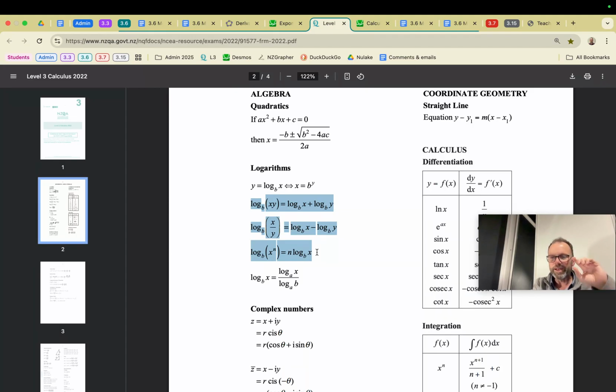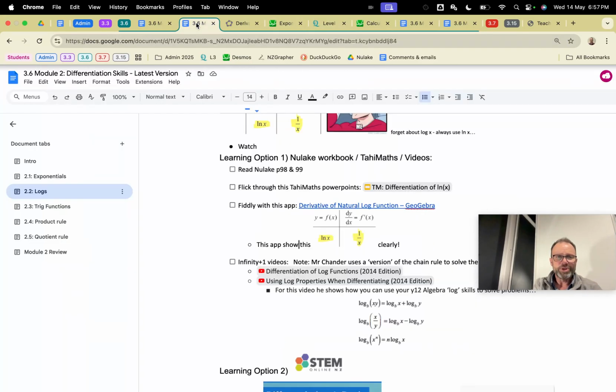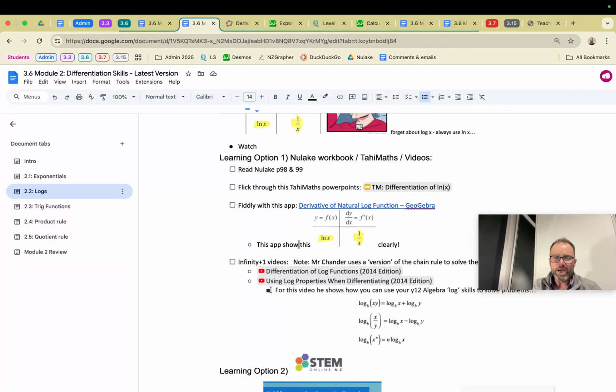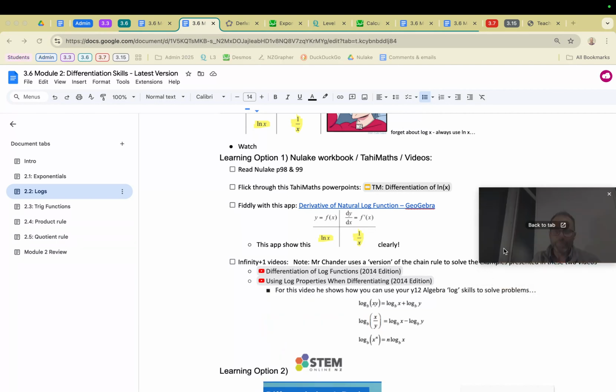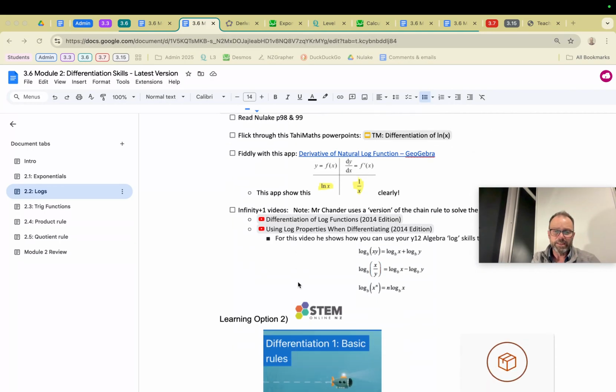If you're gunning for a merit or excellence in the external, I would encourage you to be aware of the little techniques you can do with logs. I'm hoping you had that explained to you, but at every opportunity, if I can see a wee log thing we can manipulate, I'll be doing that in the differentiation course here to show you those skill sets. So that's definitely worth watching, especially if you're gunning for a merit or excellence.